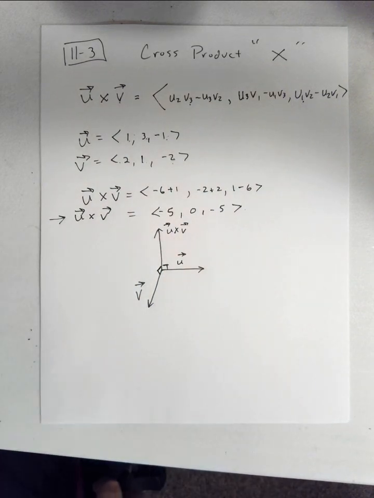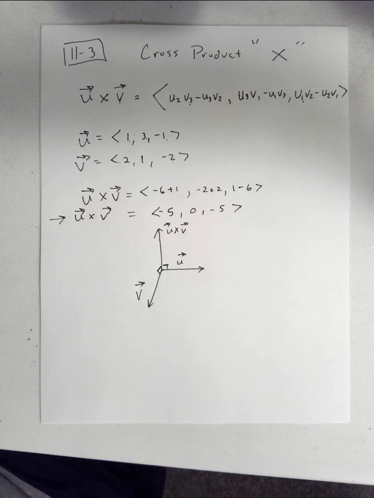It's perpendicular to both u and v. So it becomes an axis that they can spin about. It becomes extremely important when we start talking about equations for planes, which we're going to do in the last section.